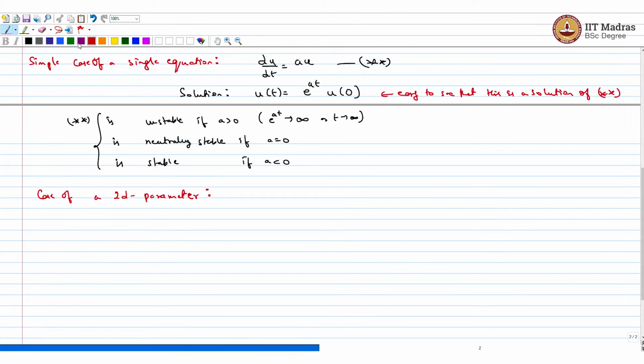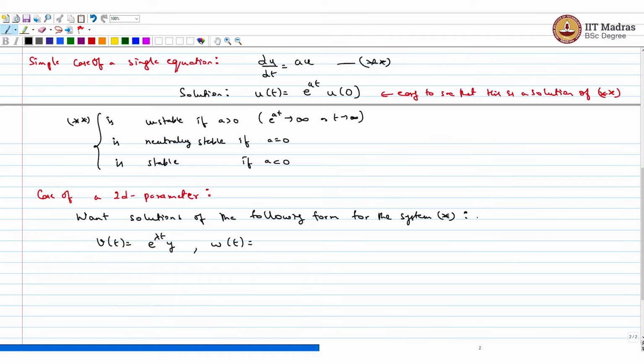If I want to figure out solutions of this form, which is say v of t equals e power minus lambda t into y, and w of t of the following form for the system star, which I outlined above.